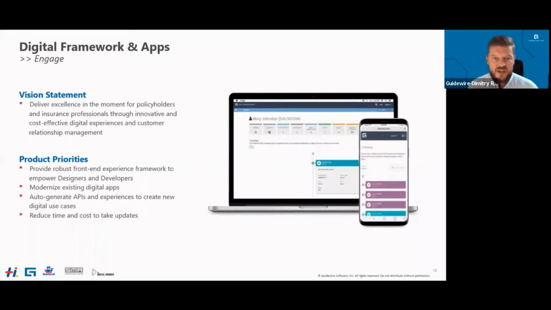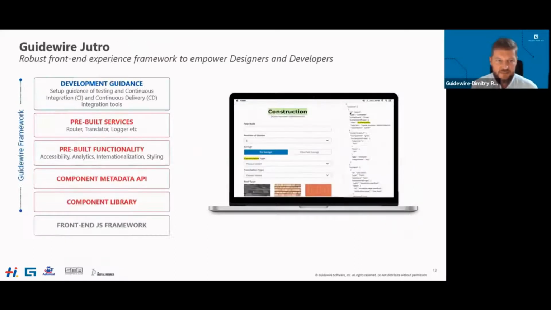For example, by generating the code, both on the back end and front end side, and at the same time still giving our customers and partners full freedom to adjust it to meet their own requirements regarding functionality and design. How to achieve it? Let's see it on the next slide.